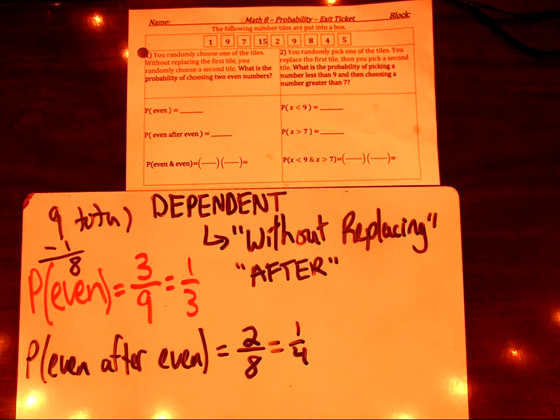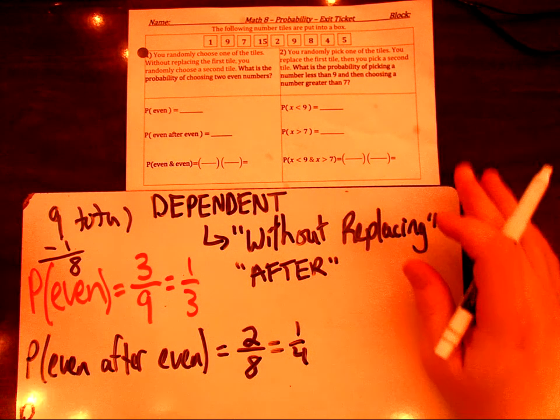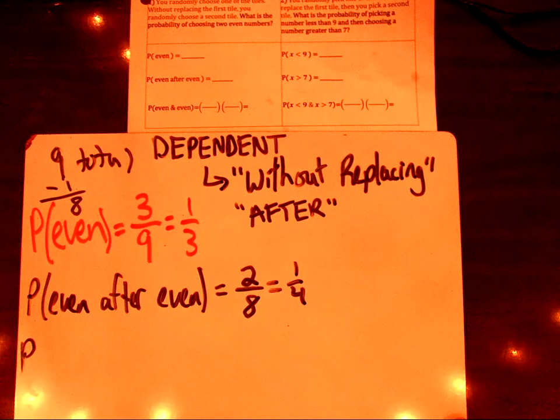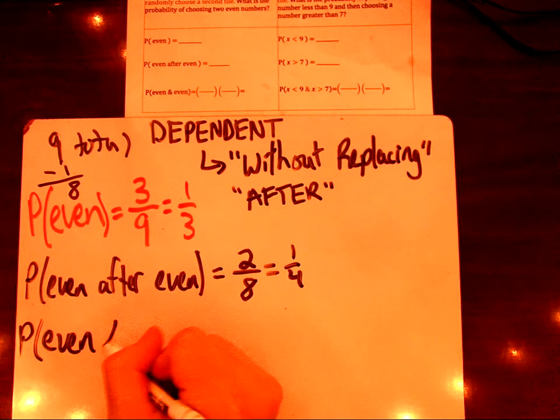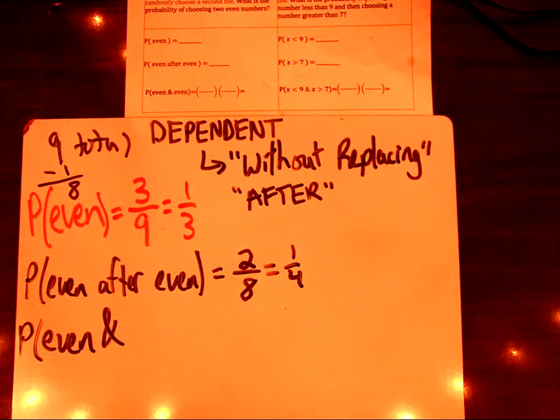So then it says, all right, let's multiply these together. So it's going to be that probability of an even. And again, make sure you guys are seeing this is one event, this is one event, and as soon as you see that and, it's 2 events at the same time.